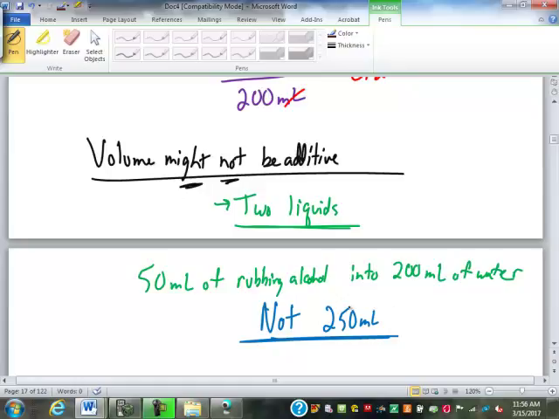Remember, we mentioned this a week ago, that if it creates a solution, that volume is going to be less than the total. If it's a suspension, then it will stay at that total volume. The volumes do combine, they're additive.